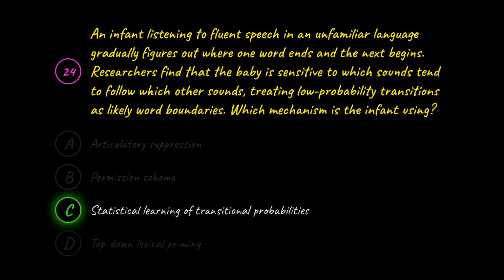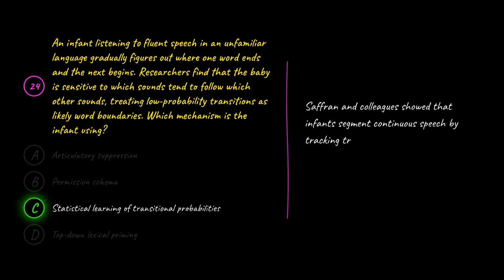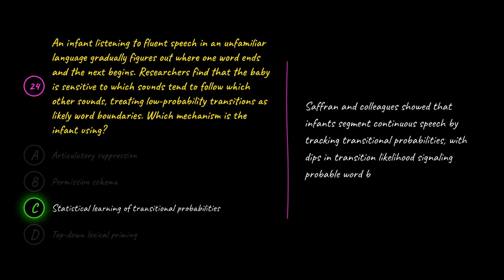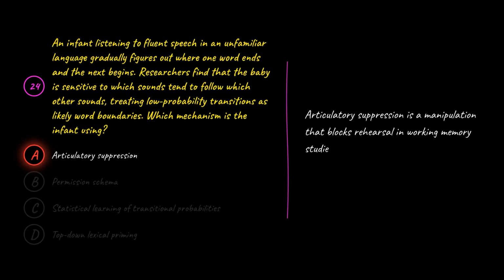The correct answer is C. Statistical learning of transitional probabilities. C is correct because Saffran and colleagues showed that infants segment continuous speech by tracking transitional probabilities, with dips in transition likelihood signaling probable word boundaries. A is wrong because articulatory suppression is a manipulation that blocks rehearsal in working memory studies, not a real-world segmentation mechanism.